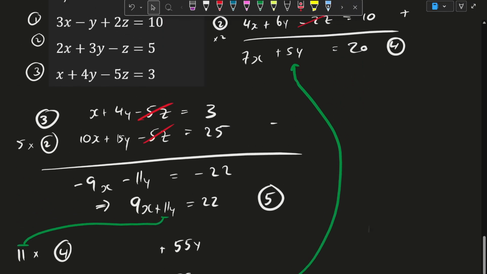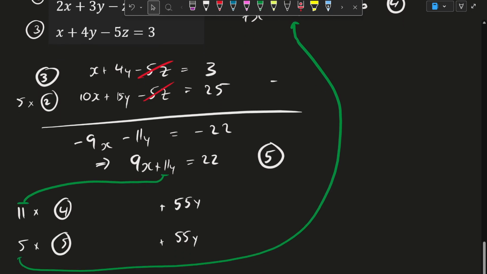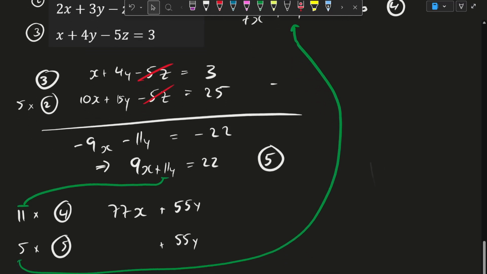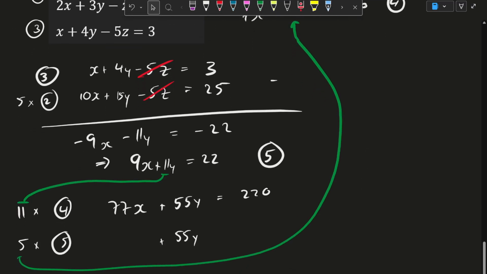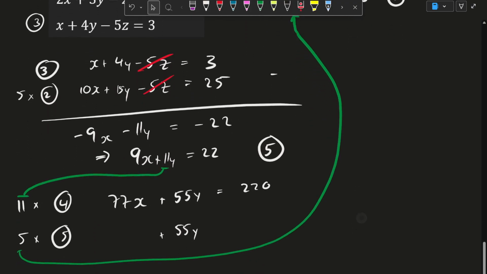So taking the rest of equation 4 with us, 7 times 11 is 77. And 11 times 20 is 220. And then 5 times 9 is 45. And then that's going to be 110.